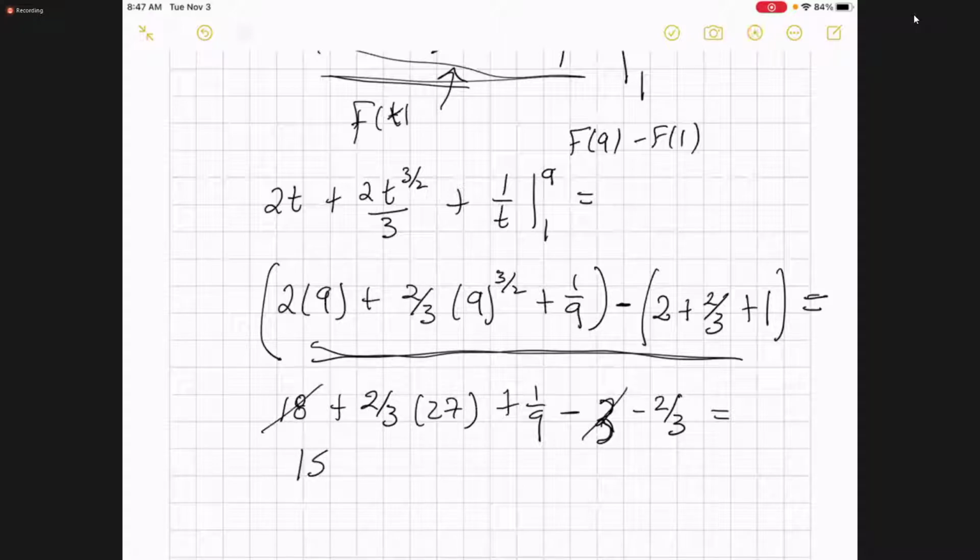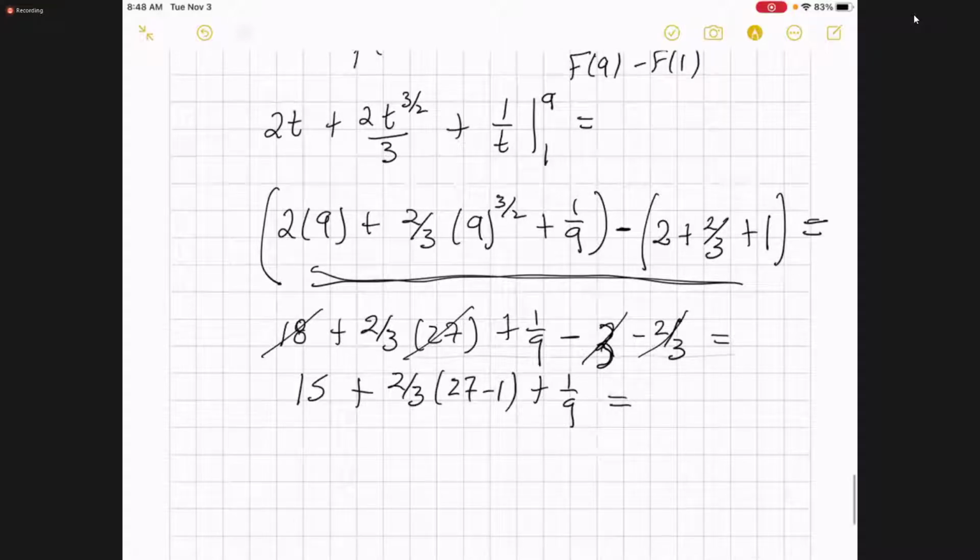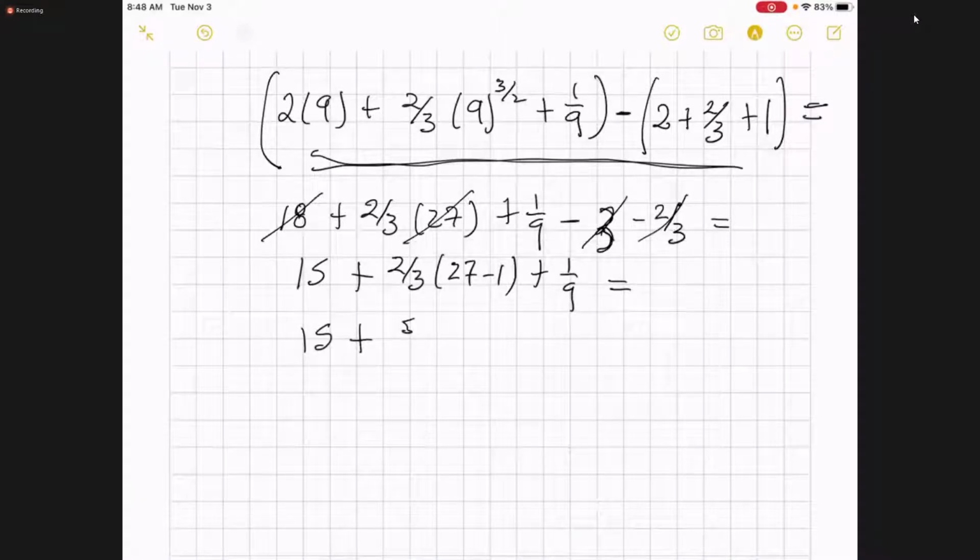And I've got 2/3 times 27 minus 2/3, so that's 2/3 times 27 minus 1. That takes care of that, and I still have 1/9. So that's equal to 15 plus 2/3 times 26, which is 52 over 3, plus 1 over 9.